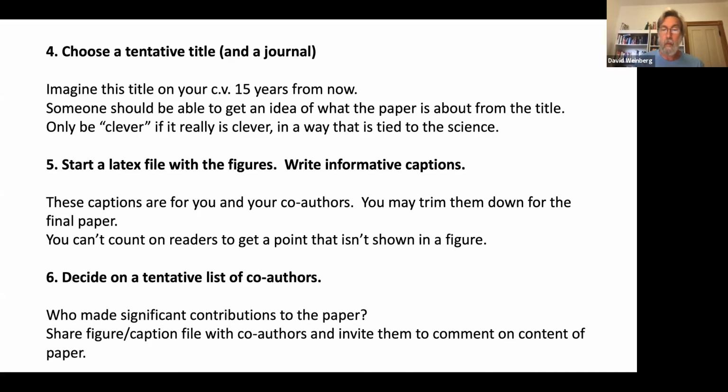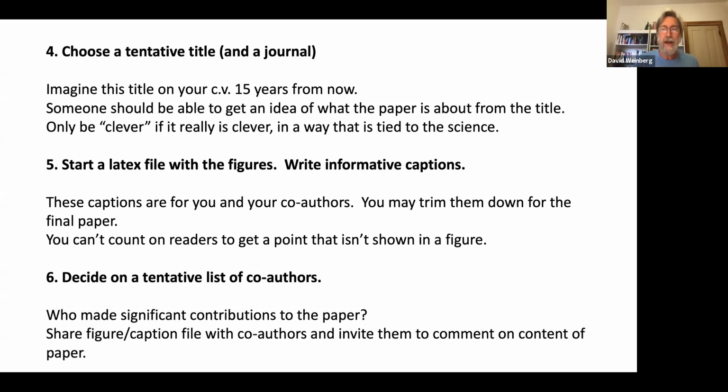If you're in a big collaboration, I'm thinking here about the lead author group, and not necessarily everybody who may eventually be on the paper by dint of having contributed data or something else.